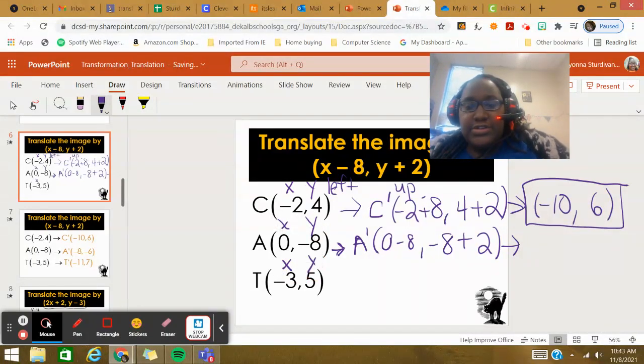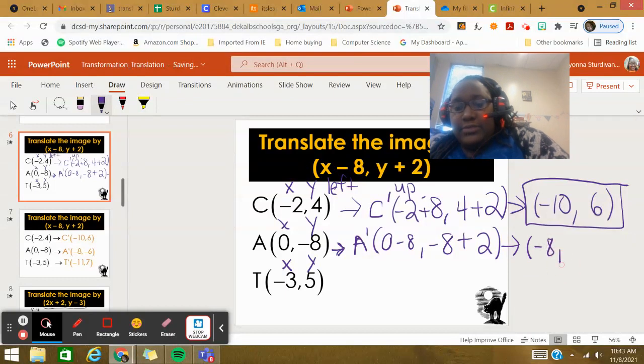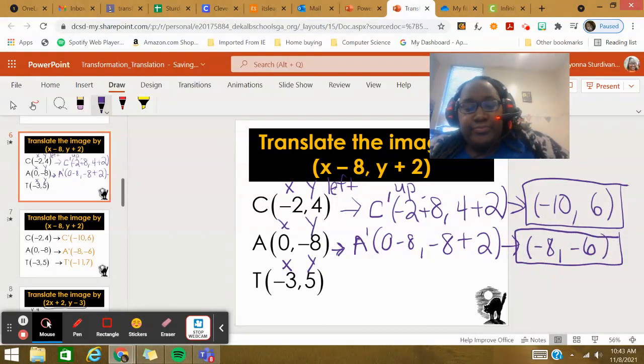Remember that X is always your first coordinate and Y is always your second coordinate. And we took these notes when we looked at just graphing points in the coordinate plane. So from here, I'm doing 0 minus 8, which will give me a -8. And then I have -8 plus 2, which will give me a -6. So my A prime will be -8 and -6.